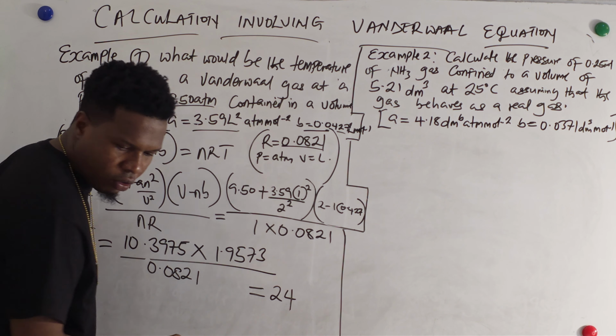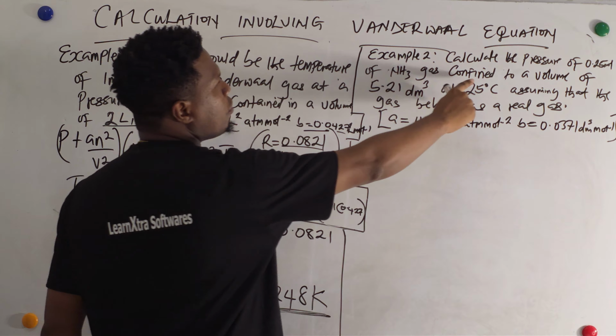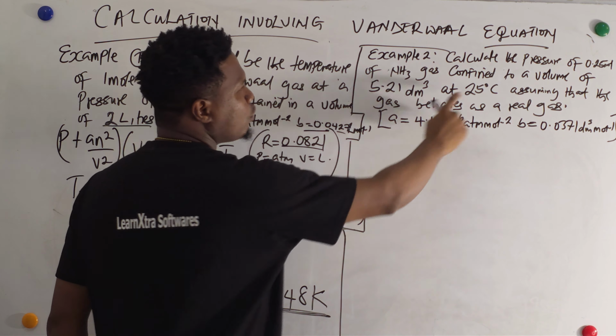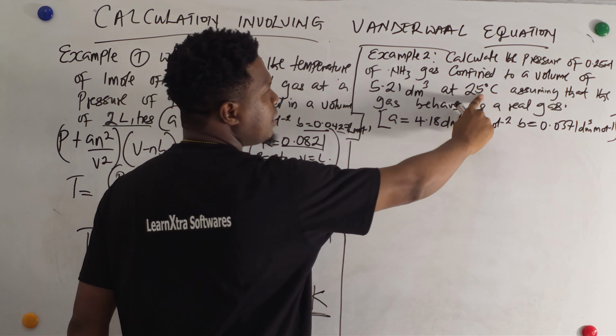Okay, so now what about the next question? Look at this next question. Calculate the pressure of 0.25 mole of ammonia gas confined to a volume of 5.21 dm cube at 25 degrees C, assuming that the gas behaves as a real gas. Van der Waals constant A, Van der Waals constant B. So go ahead.